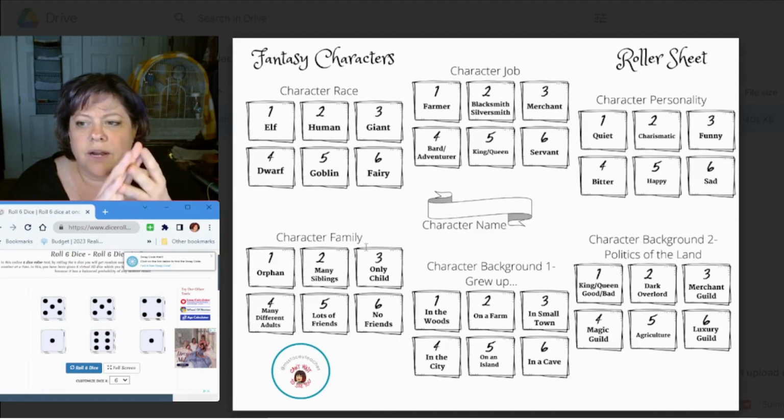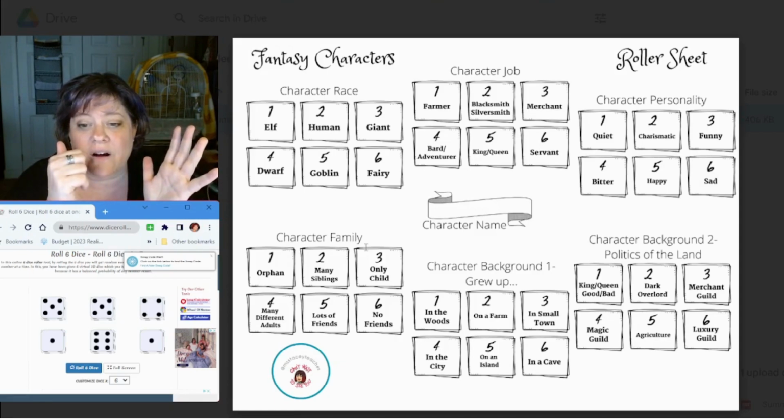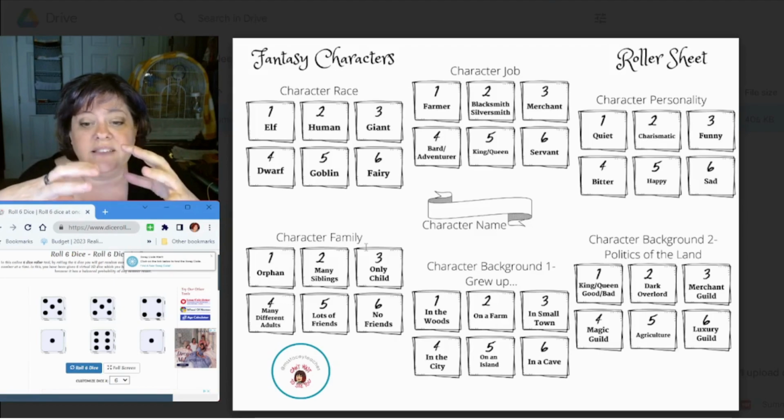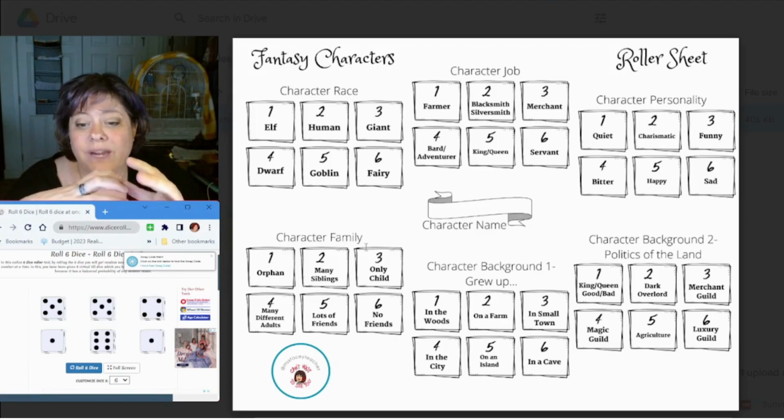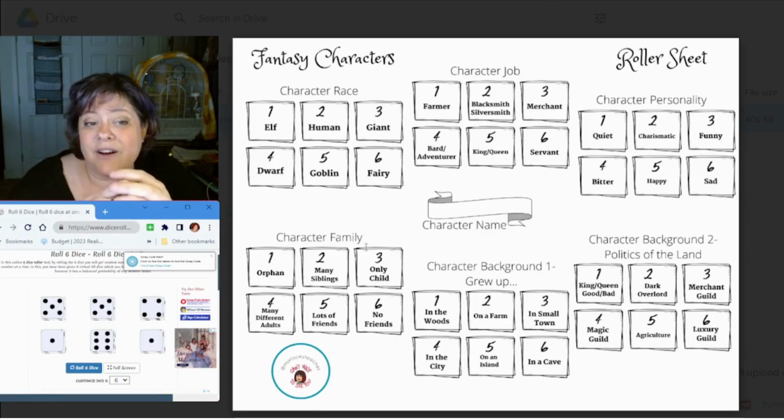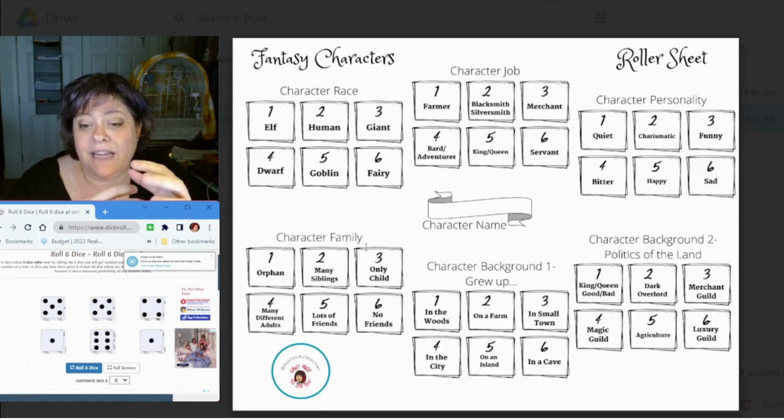Number 1, this person's an orphan. They grew up in a cave, and the politics of the land is a king or queen, good or bad. That means your main character, your goblin character, is going to be this good or bad king or queen. You have to decide that.